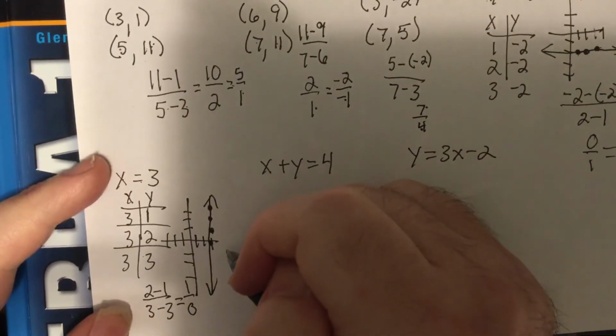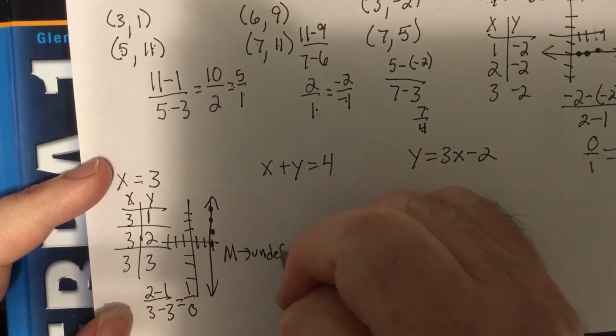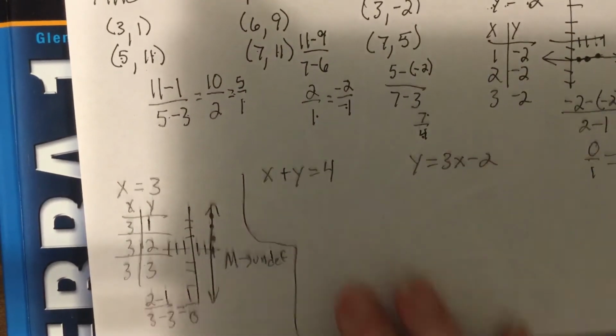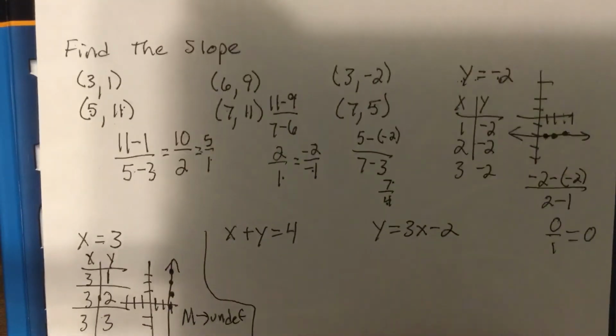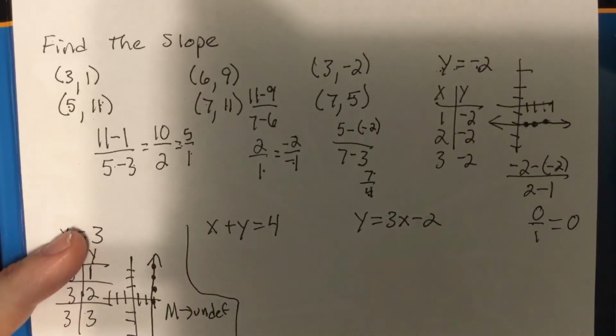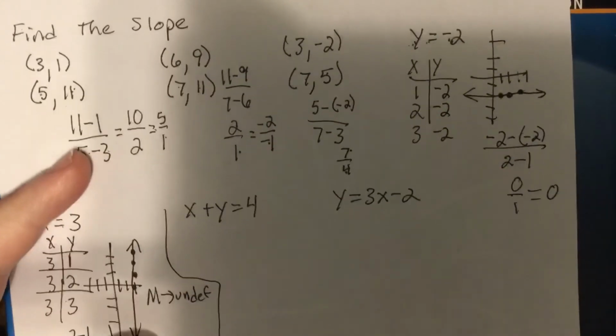So therefore the slope is undefined. Now, I don't know why a lot of people couldn't remember that. So, here we go. x equals a number is a vertical line whose slope is always undefined.